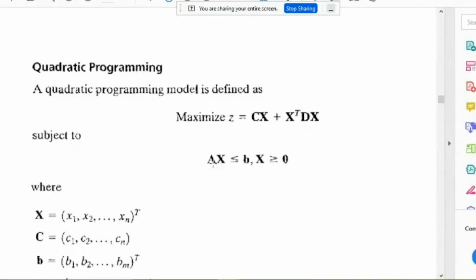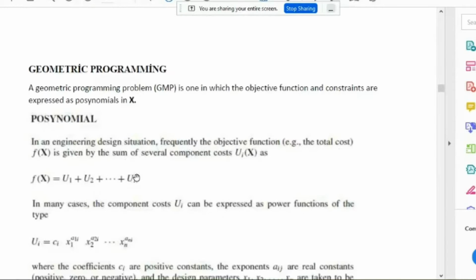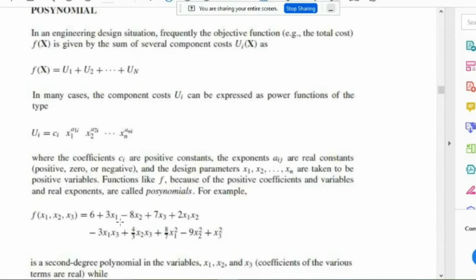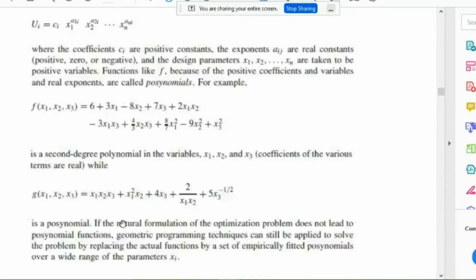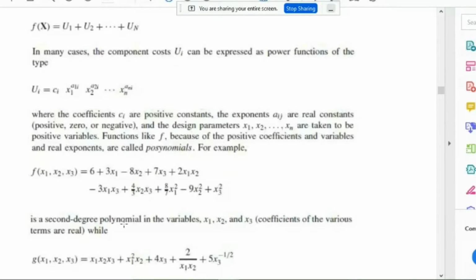Further, the objective function of some problems can be expressed in second order polynomial form. If the objective function is in second order polynomial form, then we can use the quadratic programming approach. In the previous case, the objective function is non-linear and the constraints are also non-linear, and they may be equality or inequality type.